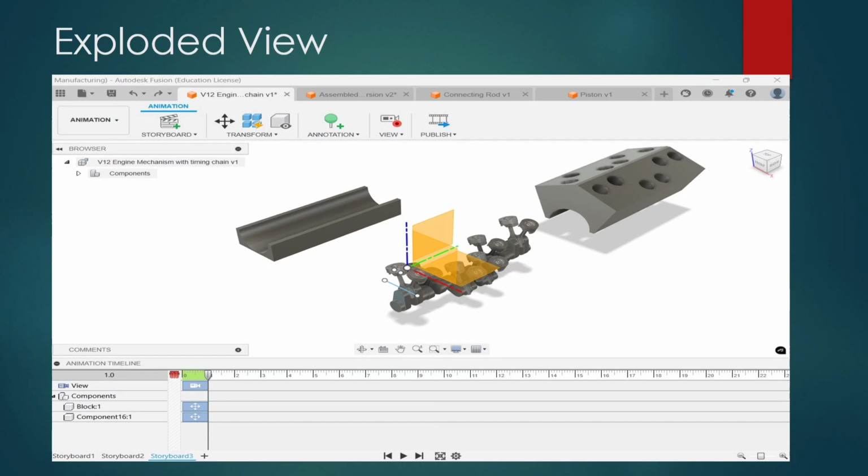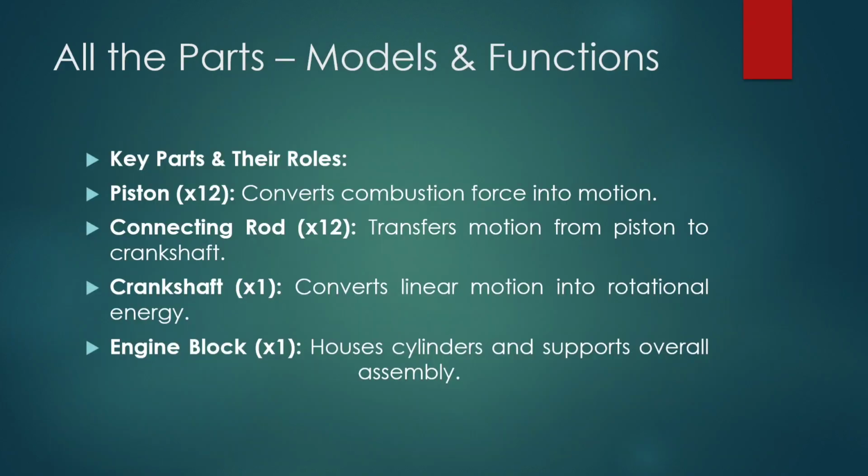Inside the project is the crankshaft, which will move when we play the project. Now, this is about the parts of the model and how it functions. We are going to talk about the key parts and their roles.